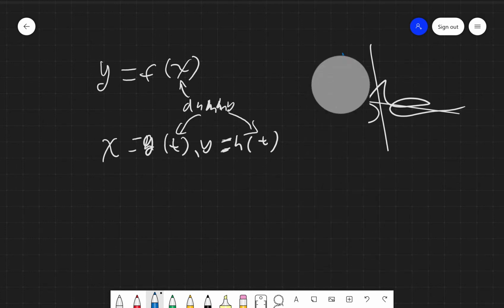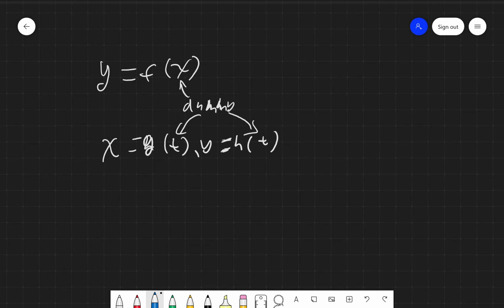So we get the idea of this. Now let's talk about some examples really fast. I'd like you to graph the equation x equals 3t minus 2, y equals 2t plus 1. Alright, let's make a chart, good old chart.